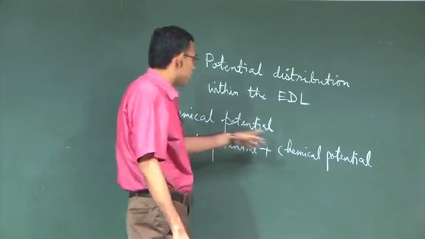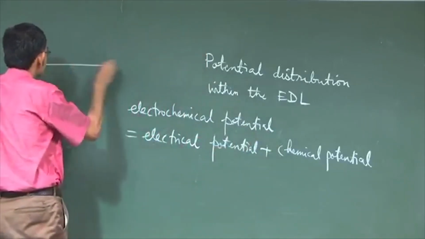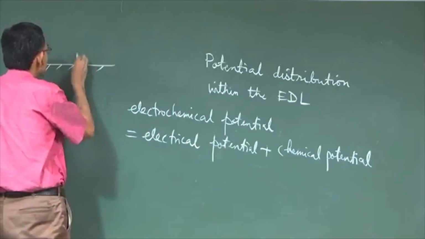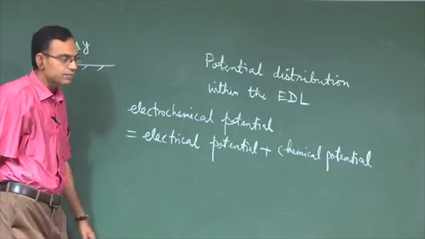So, we will calculate the electrochemical potential of a system where you have a solid surface, and let us say y is the direction perpendicular to the surface.